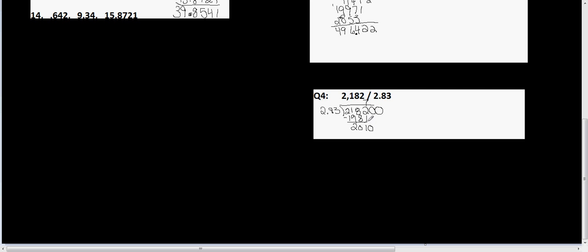And again, we can see that this will go in 7 times again. So once again, we take 1, 9, 8, 1 off of this. I'm just going to change colors here. Subtract 1981 from 2010 and you get 290.